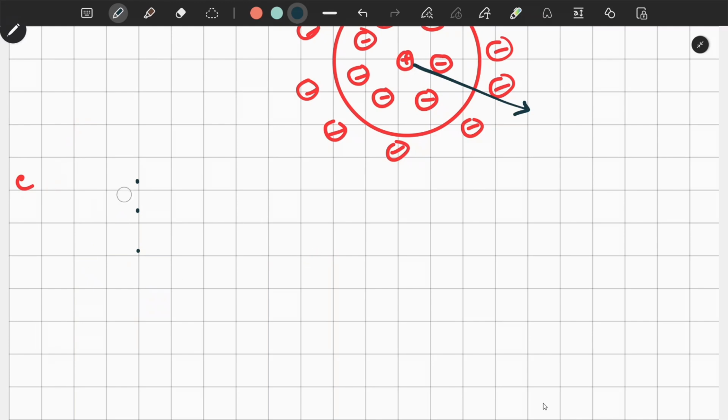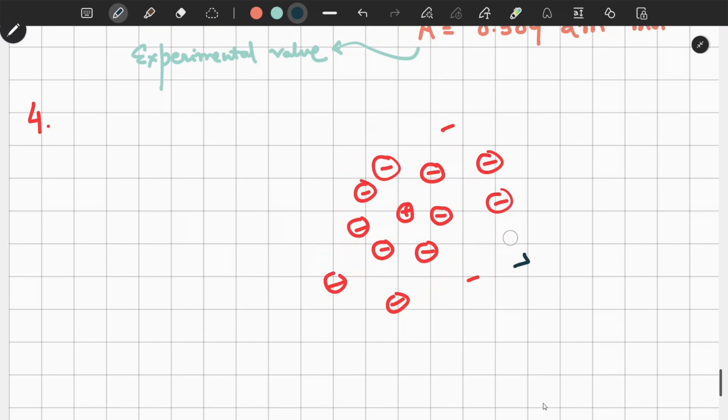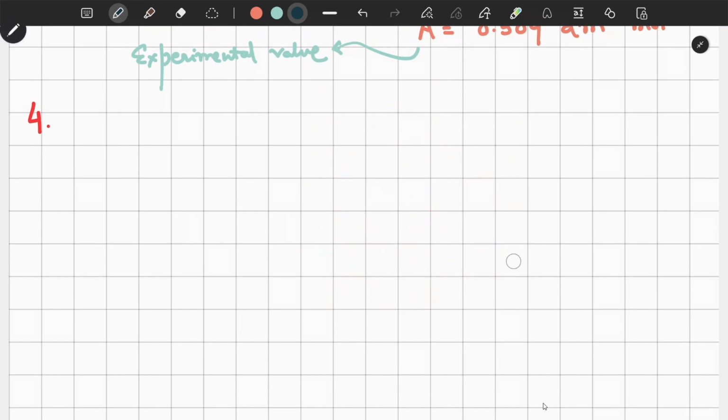What is the significance of this length? It signifies that after that length, another solvation sheet is created. I'm not going into details, but we can calculate it. That is just a numerical exercise. Okay, let me discuss it.